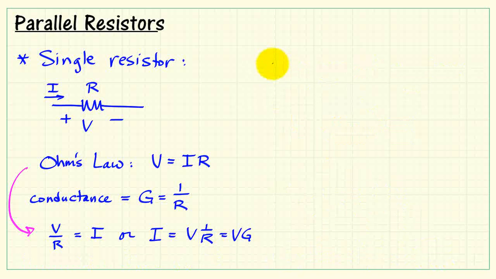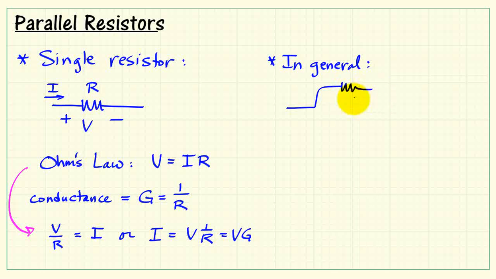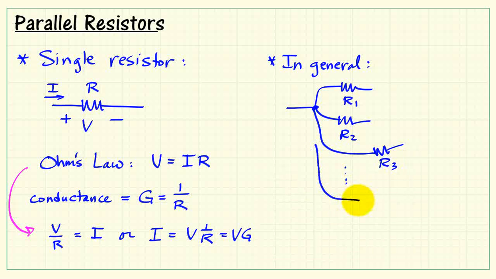Let's generalize this to an arbitrary number of resistors. Imagine that we have n resistors in parallel, giving us n distinct paths for the current, and all of those current paths are happening in parallel with each other.